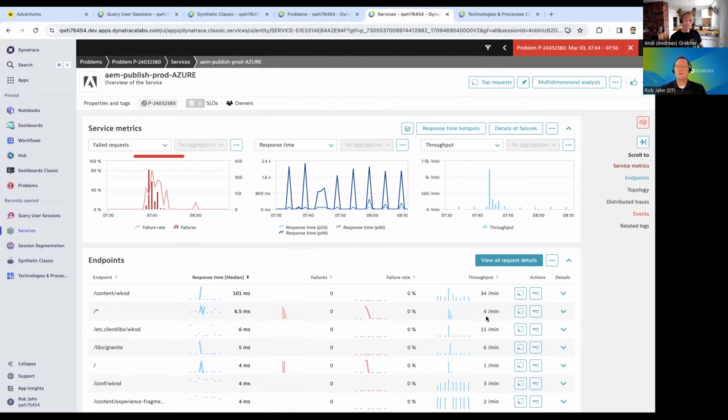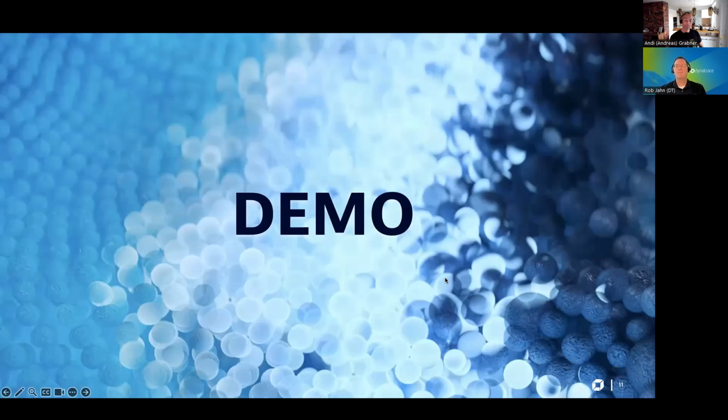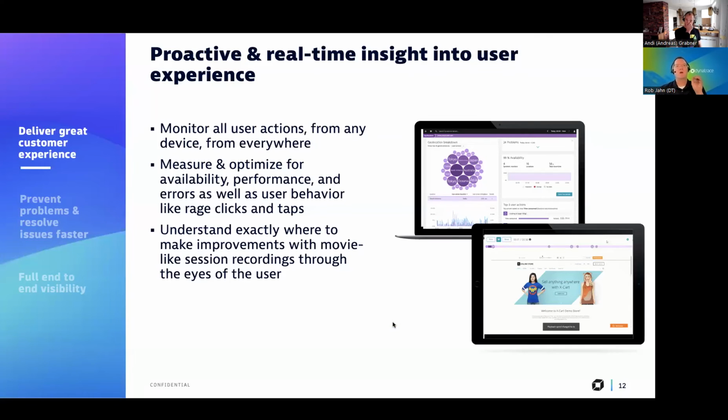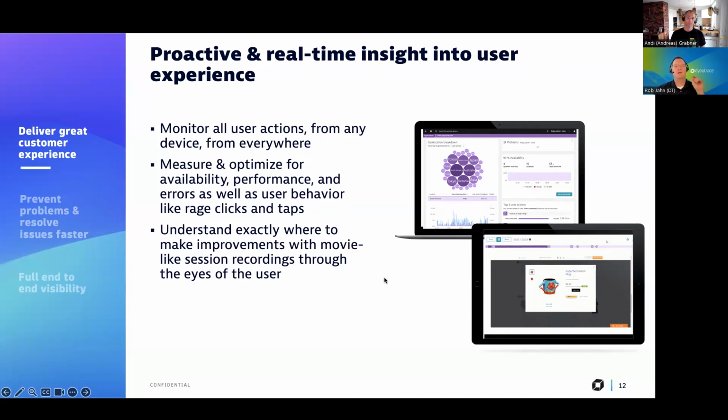Right. I think that's a good logical point to start a recap here. What we've seen is hopefully this real-time experience and insights, whether coming from real user monitoring, which is the core, but also augmented by synthetics.